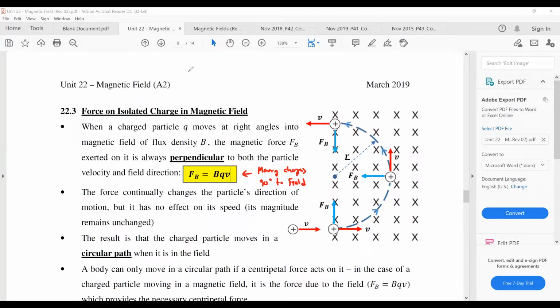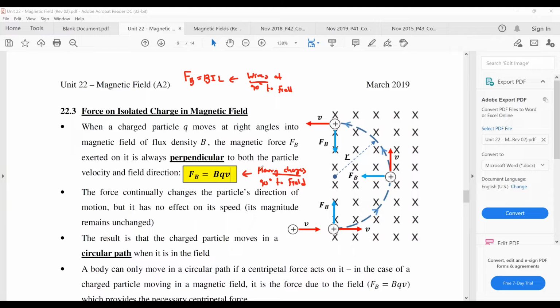The one you learned before is Fb equals BIL. This one is for wires at 90 degrees to the field. They both talk about magnetic force, but they are applied to different things. One is for wires, another is for moving charges, so which one to use depends on what case you are considering.